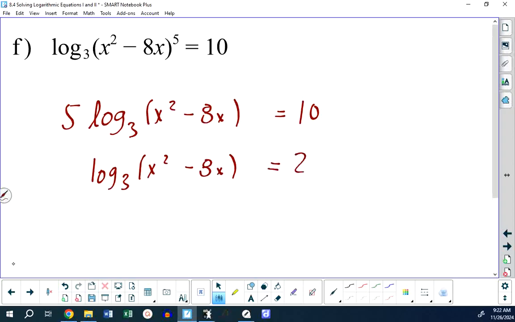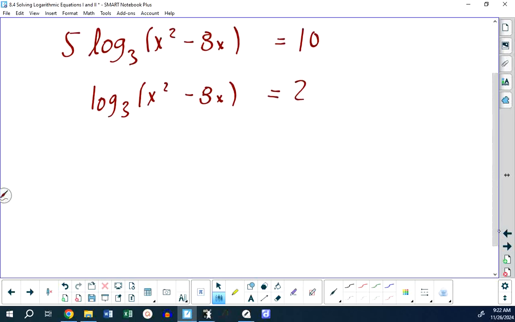And that's certainly more manageable. This becomes 3 to the 2 equals x squared minus 8x. Three to the 2 is 9, so when we zero the equation, that's what we're left with.